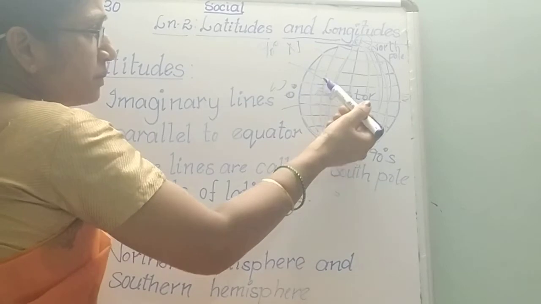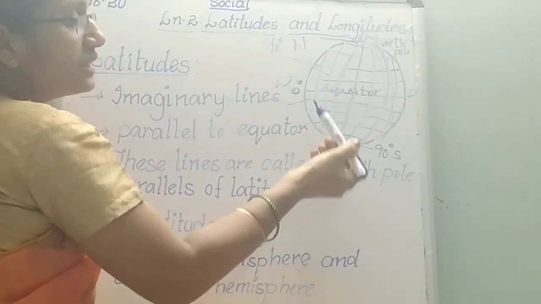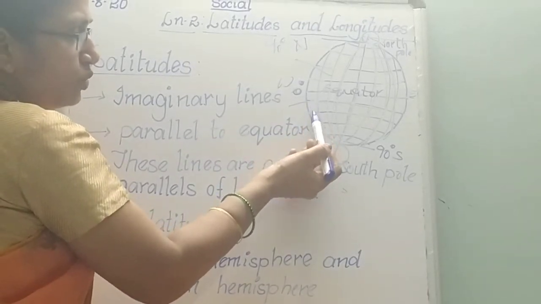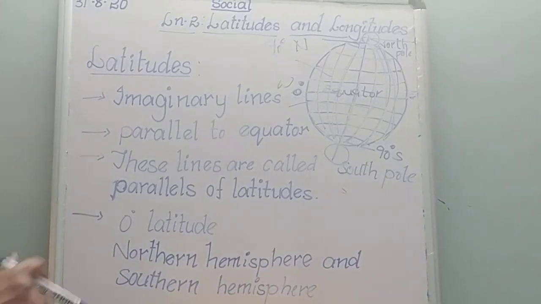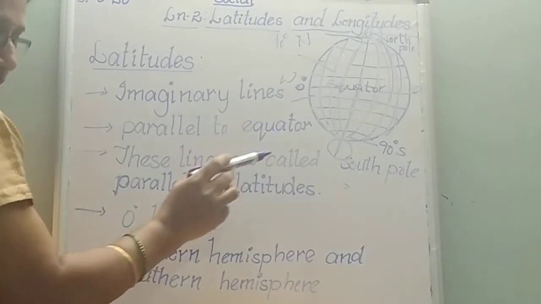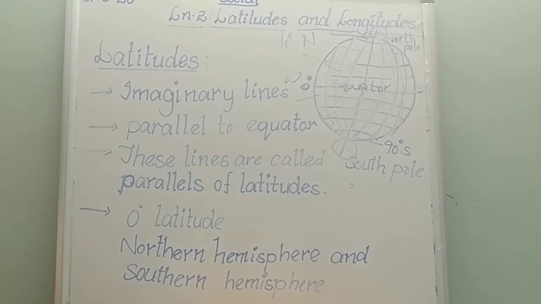The distance between one latitude and another latitude is equal. Okay, children? So these are called parallels of latitudes.